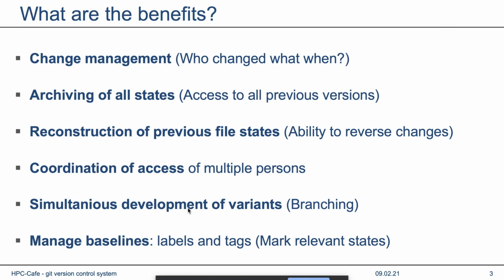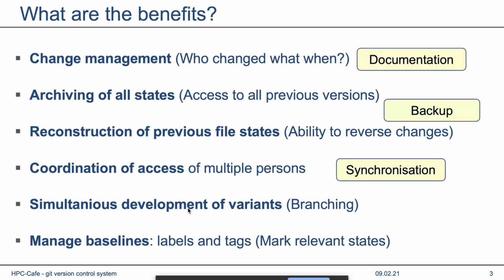So you want to be able to mark relevant states with some meaningful name, so that you can list them, and it's easy then to find guaranteed baselines. You could break down those different benefits into three groups: documentation, backup, and synchronization. So those are the main three benefits of using a version control system.